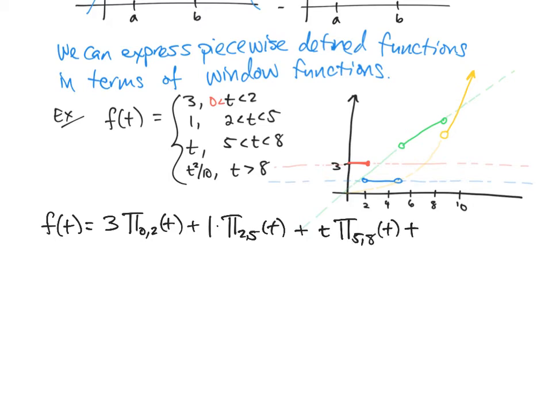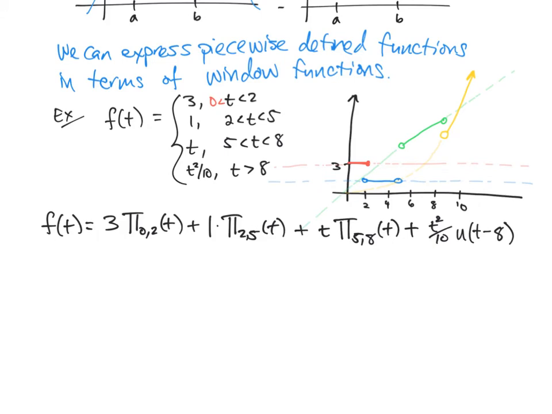And then the last part is not a window function, but just a unit function shifted over to 8 times t squared over 10.